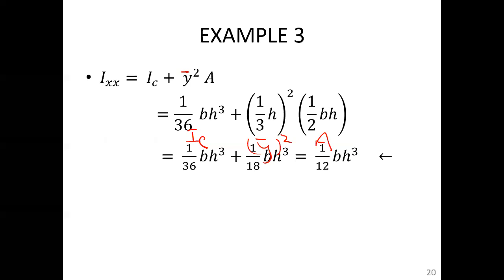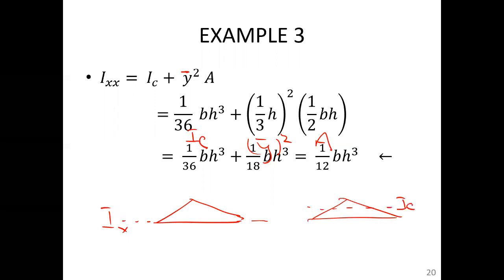So basically, the moment of inertia about the base is larger than the moment of inertia about the centroid. Haven't you ever seen in physics where you are spinning, say you're on skates, and you put your arms out and you go slower, and you put your arms in and you go faster, or you watch skaters doing that? It's the same principle. You're affecting the moment of inertia by doing that.